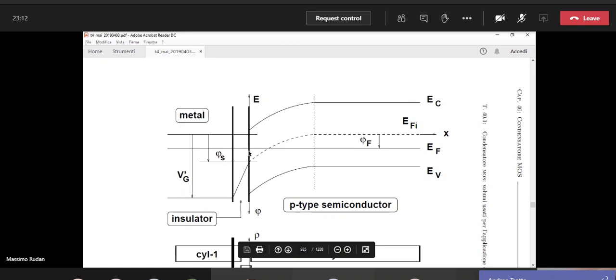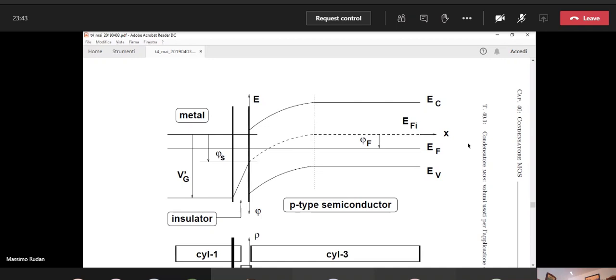The other thick vertical line is the interface between the insulator and the semiconductor. And finally, we have the semiconductor. If you go further to the right, at some point you end up meeting the other contact. The other contact is not indicated in this figure, but it does exist. It is on the right.